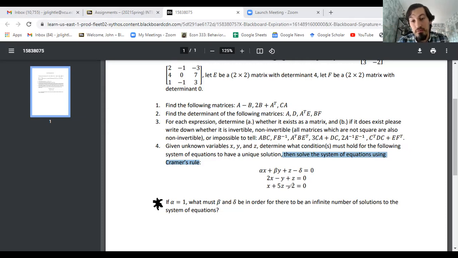That's what we need to look for, the case where, let's take the top one, the top one can somehow be derived from the other two equations. That's what we're looking for. Maybe that's a shortcut, maybe it isn't. But if you treat alpha equal to 1, you get x plus beta y plus z minus delta equals 0.